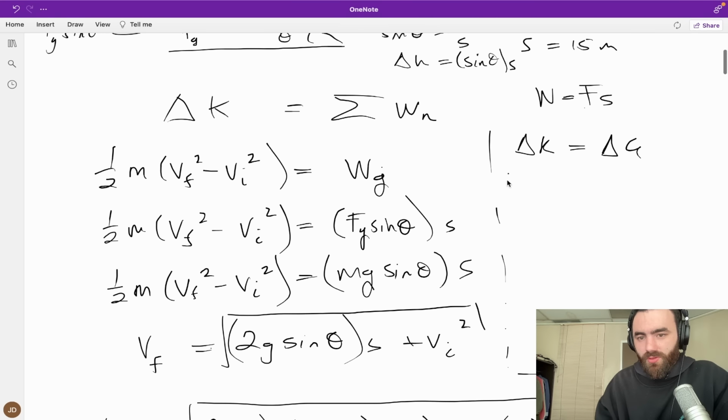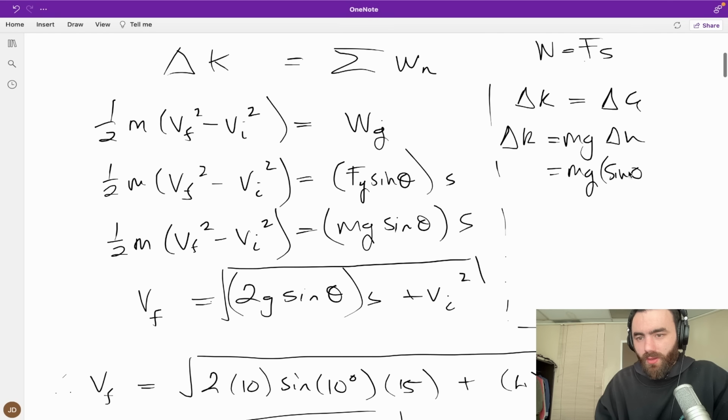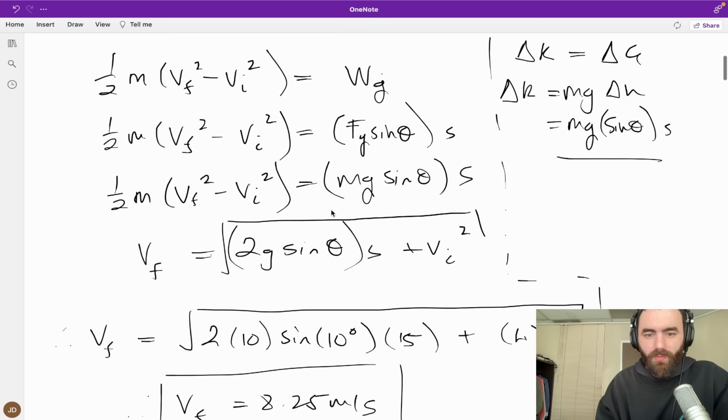Okay, so change in KE equals mg change in h. This is mg times s sine theta. And this is the same as what we got here. This is the change in kinetic energy equals mg sine theta s.